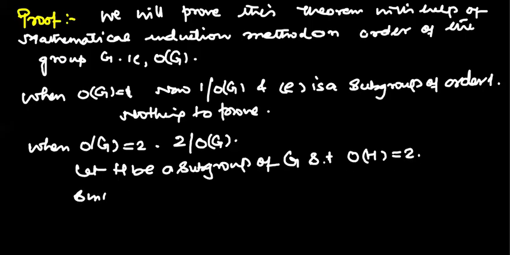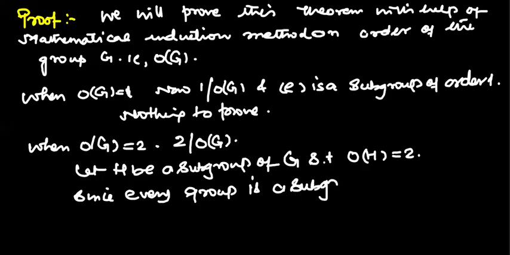Since every group is a subgroup of itself, therefore this implies H is equal to G.